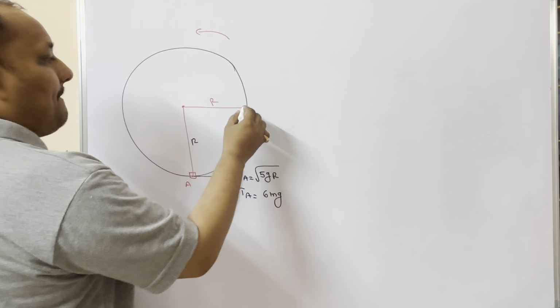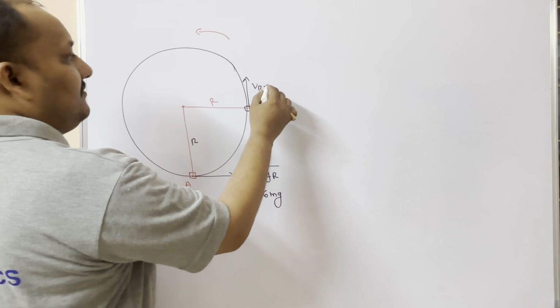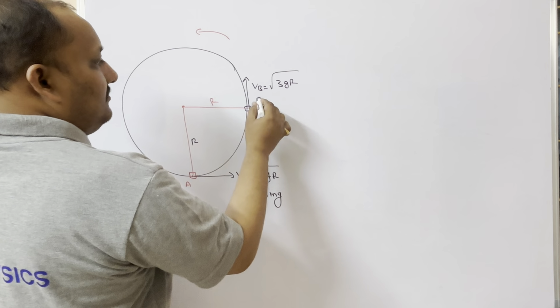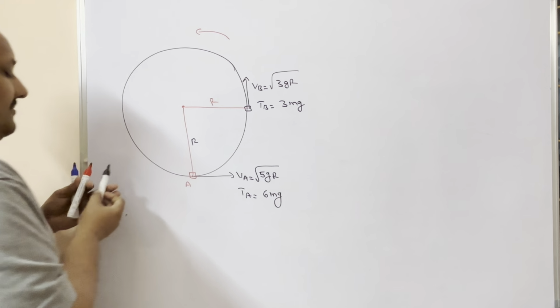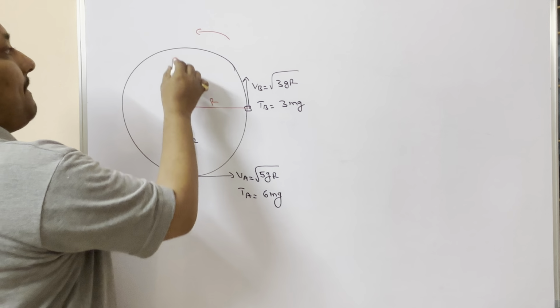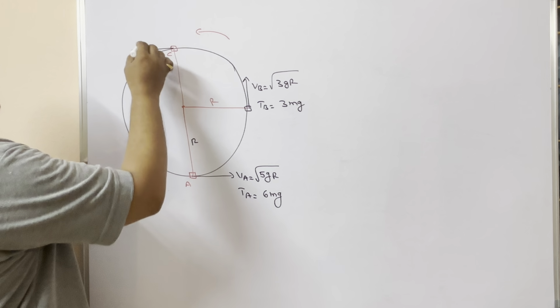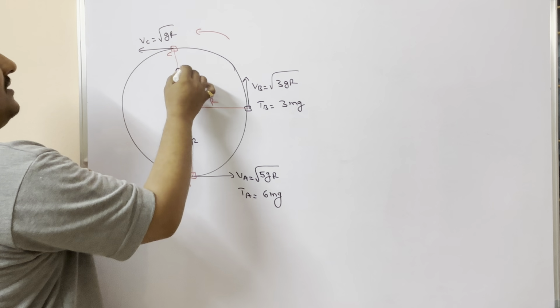Next, velocity at B, VB, we got root 3gr. Tension at B, we got 3 mg. Next, at C, the topmost point, VC is equal to root gr.